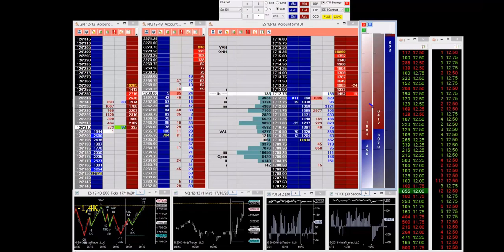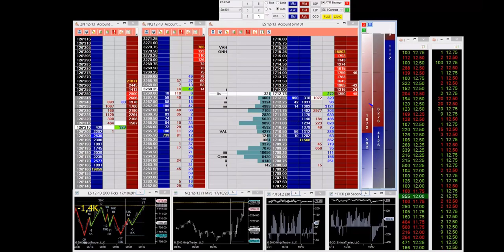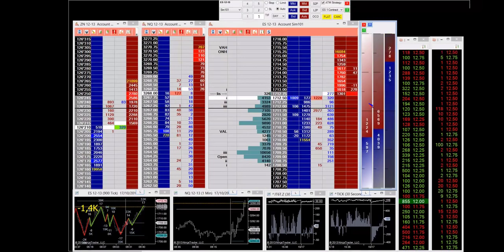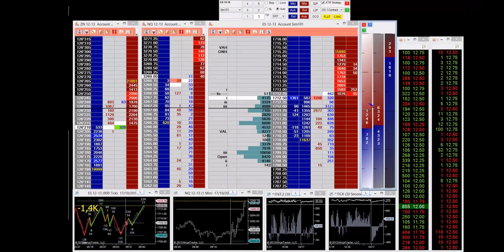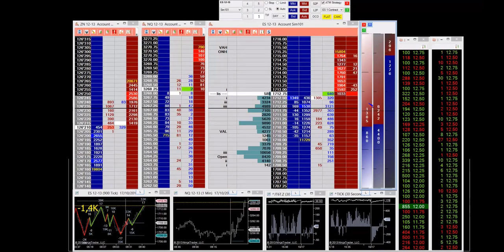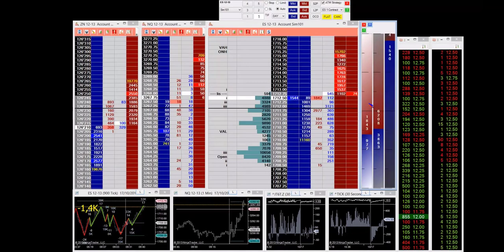The red background shows how many sell market orders since I did a reset, and the blue background is how many buy market orders since I did a reset. And what we can see right now, we're predominantly sellers since I did the reset. Again, this is just a different way to look at market orders.